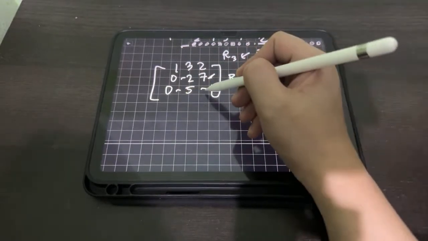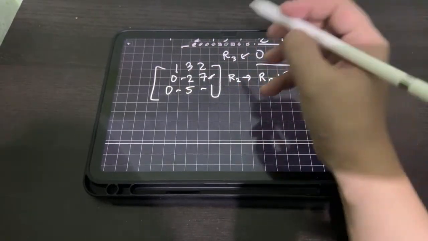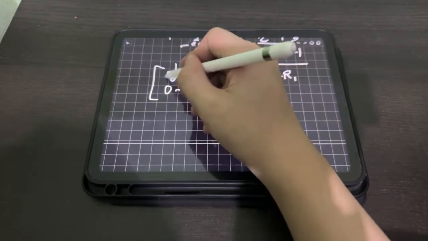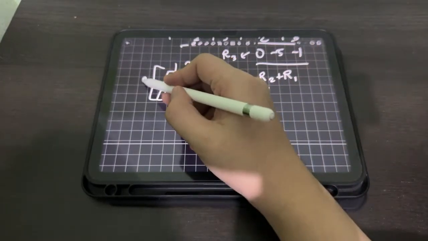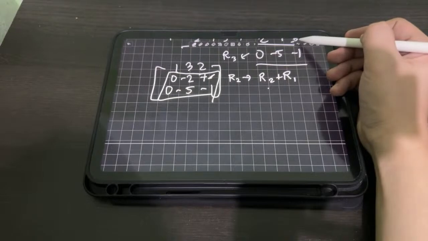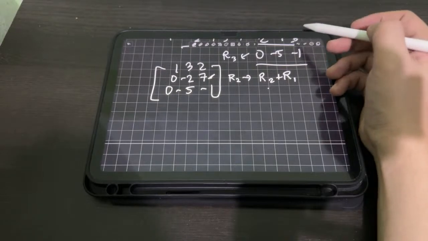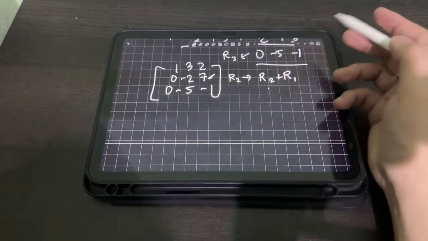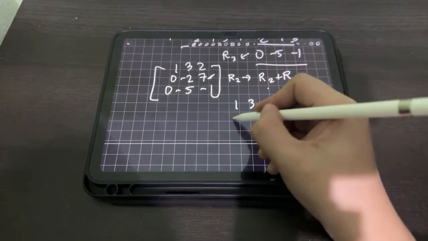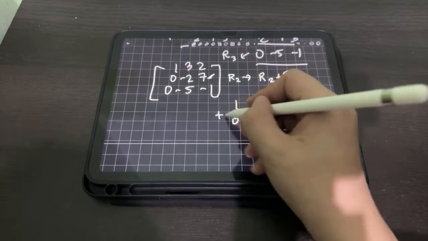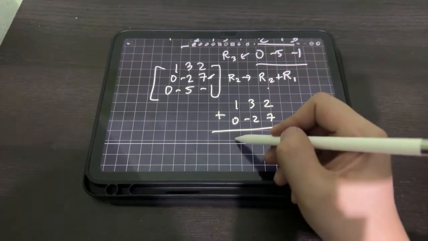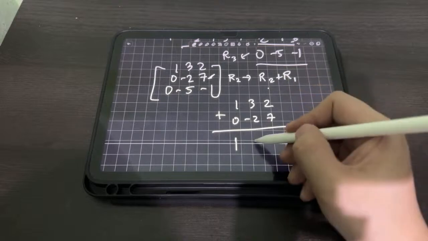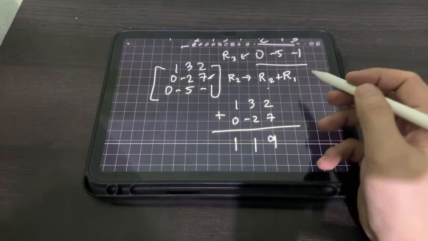Okay, so we can create another one by using only row 2 and 3. Because if we do the original plan, 1, 3, 2 and 0, -2, 7, if you add these, it will be 1, 3 plus -2, 1, 2 plus 7, 9.